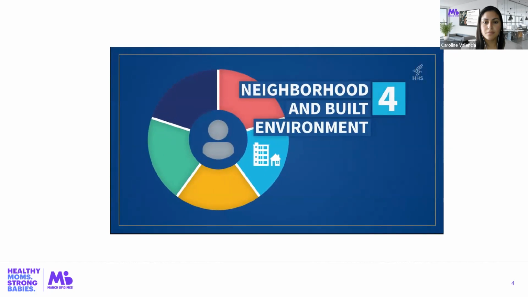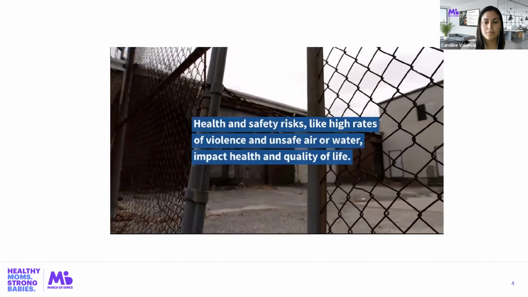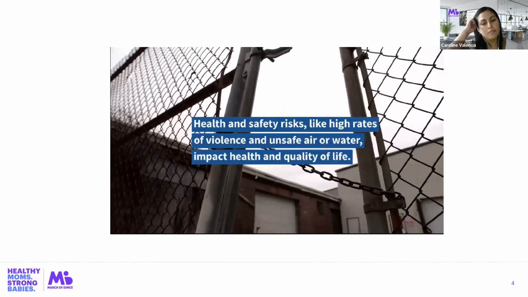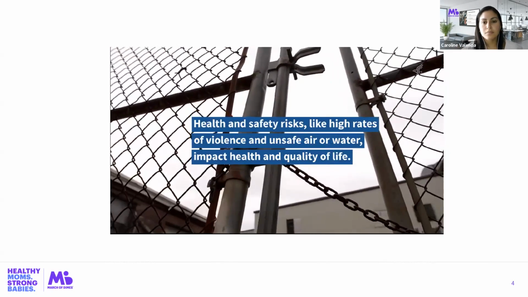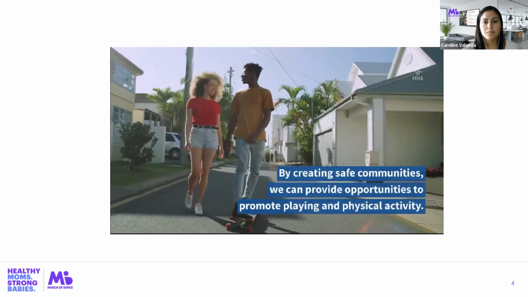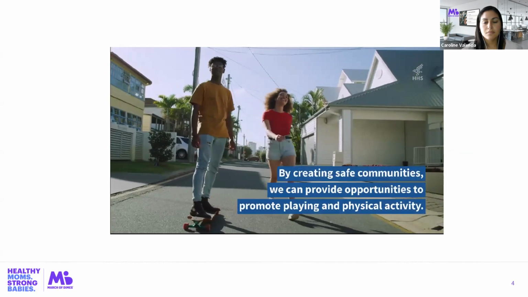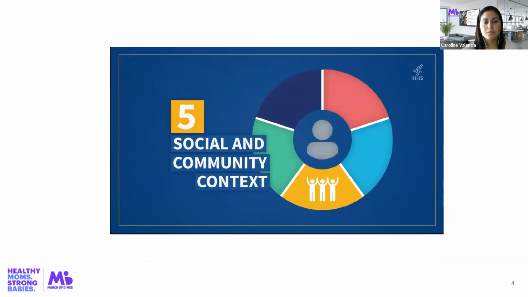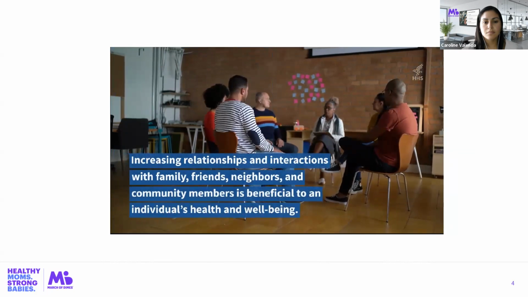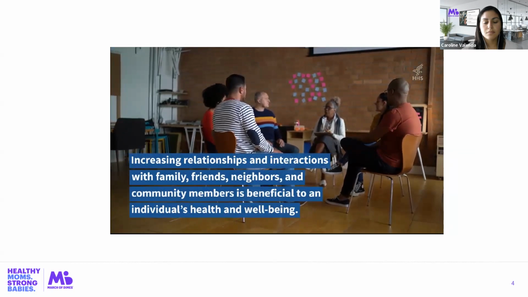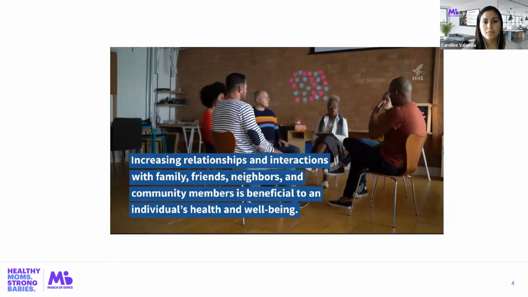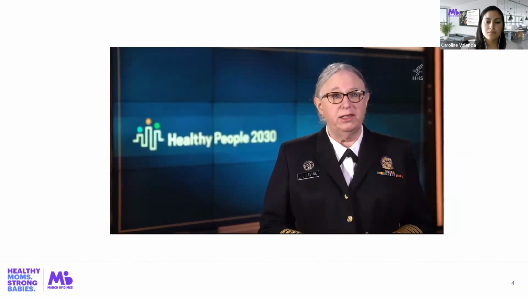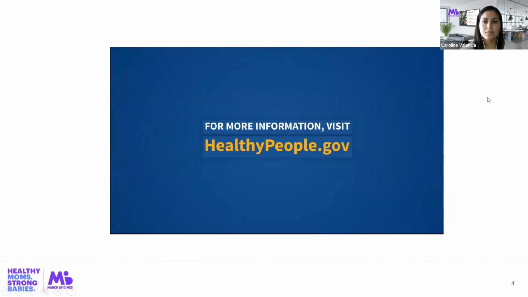Fourth, neighborhood and built environment. Health and safety risks like high rates of violence and unsafe air or water impact health and quality of life. By creating safe communities, we can provide opportunities to promote playing and physical activity. And fifth, social and community context. Increasing relationships and interactions with family, friends, neighbors, and community members is beneficial to an individual's health and well-being. To learn more and see how others are working to address the social determinants of health across the nation, please visit healthypeople.gov.